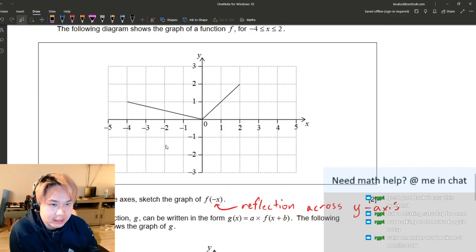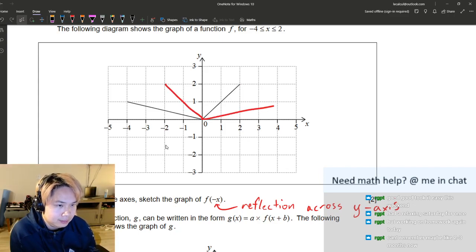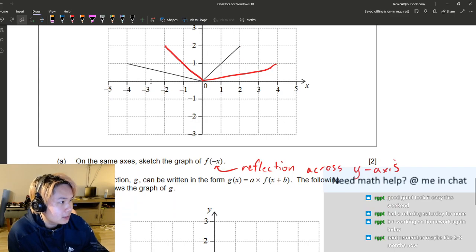So all we can do is just make sure that this is reflected properly. I feel like I might have given this to my students on their last test. But it looks something like that.